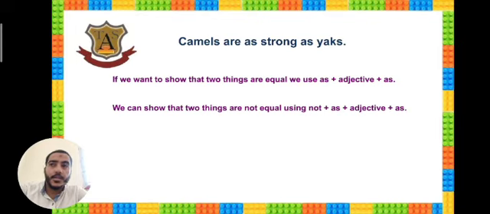For example, Muhammad is as tall as Mahmoud.